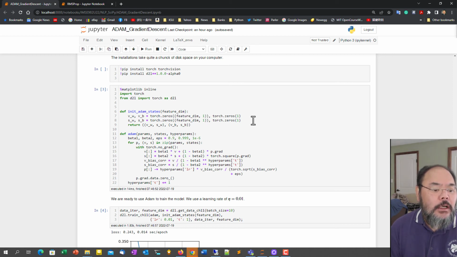So D2L has a higher level neural network modeling language which can be adopted into several different deep learning frameworks.